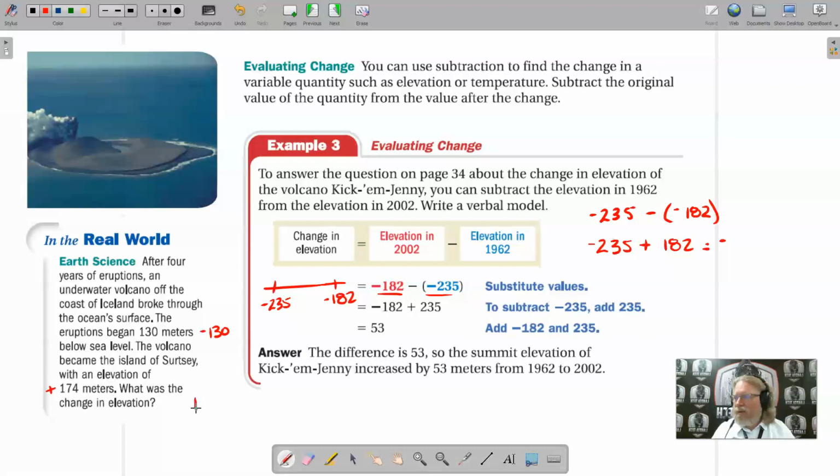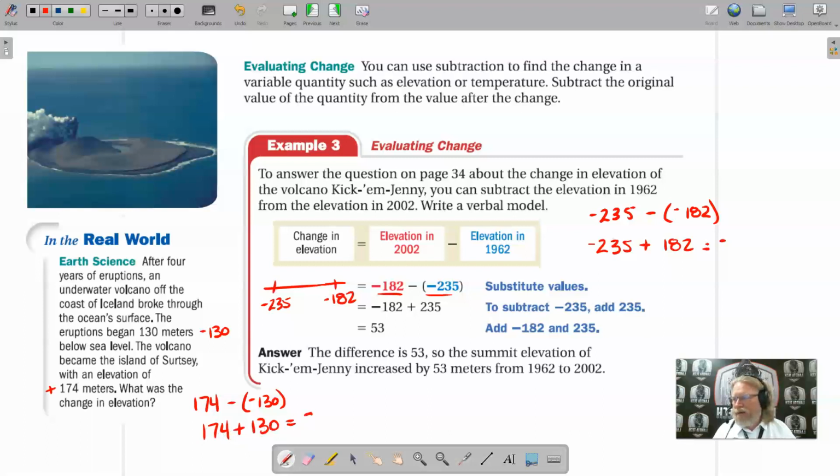So we would end up with 174, and we want to know the difference between that and negative 130. So we would take 174, change the sign. The opposite of negative 130 is positive 130. And then we would add those together.